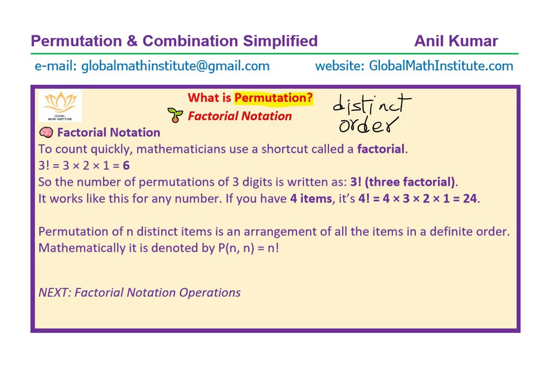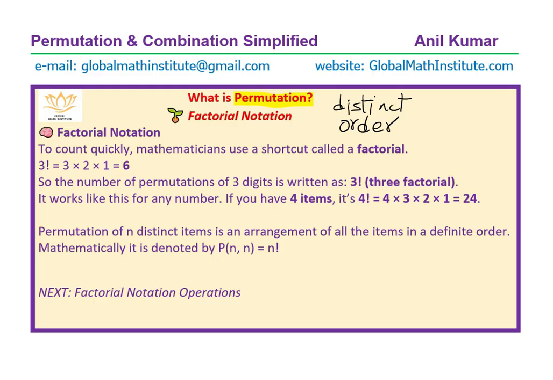So the number of permutations of 3 digits is written as 3 factorial, right? 3 exclamation mark, which is read as 3 factorial. It works like this for any number. If you have 4 items, it's 4 factorial, which means 4 times 3 times 2 times 1, which is 24, as the number of ways the letters in Anil could be arranged.